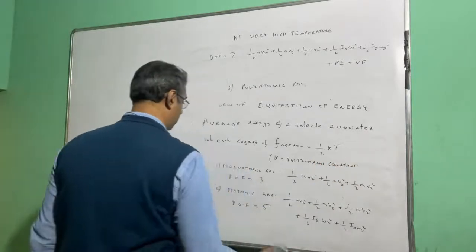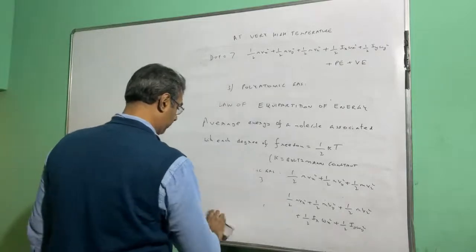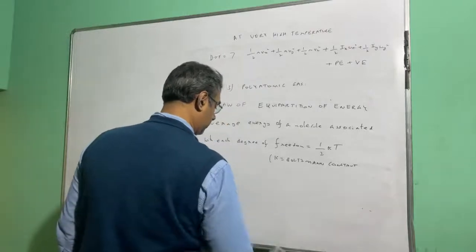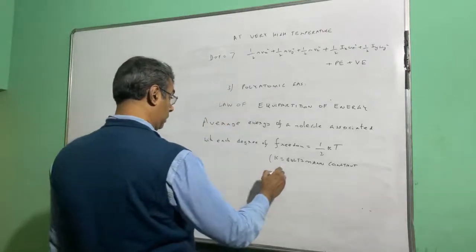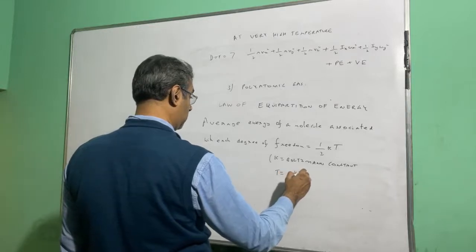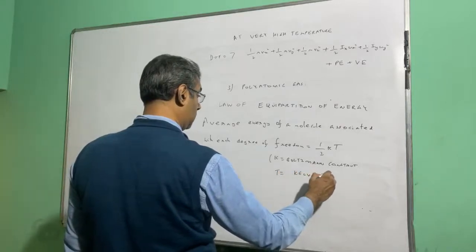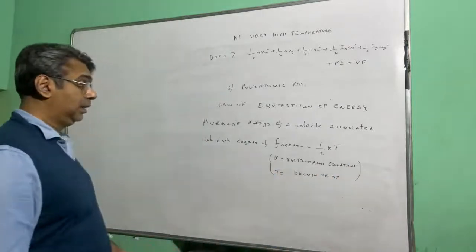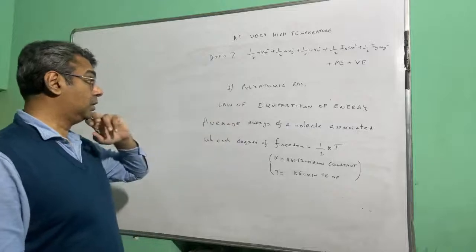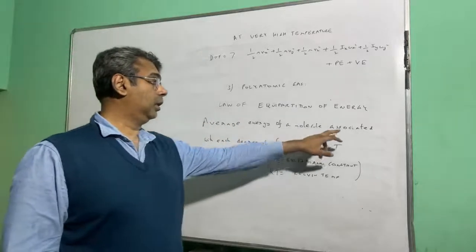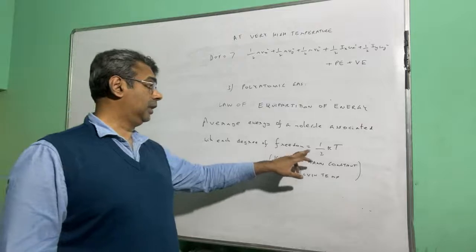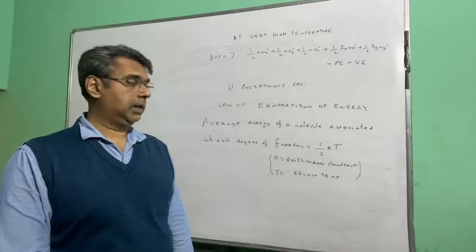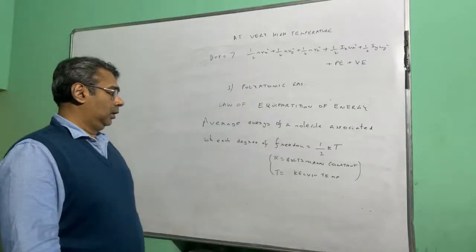So k is called Boltzmann constant. And T is called the Kelvin temperature. So what is the law of equipartition of energy? Average energy of a molecule associated with each degree of freedom is half kT. k is the Boltzmann constant and T is the Kelvin temperature. Okay.